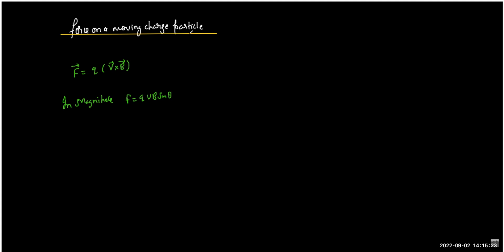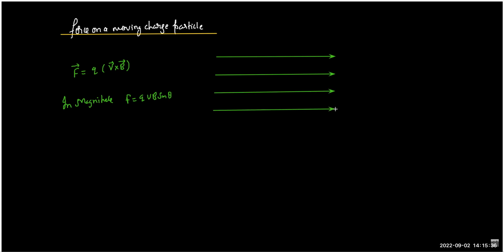When a magnetic field applies force on you, the other perspective is this: in space, this is the magnetic field direction, and this field is developed by some other moving charge or some current carrying wires.